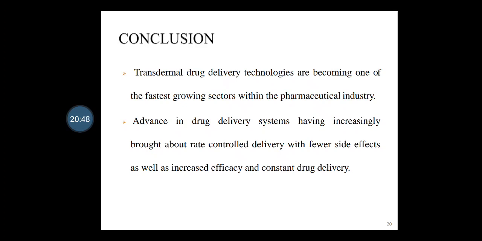The different physical techniques used for increasing drug transport are iontophoresis, electroporation, sonophoresis, microfabricated microneedles, then vesicular carriers. In that, liposomes and transferosomes are there. Apart from that, there are many approaches.